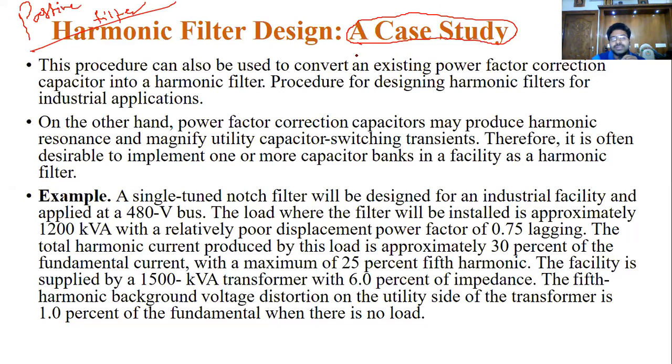Passive means here you have RLC elements. You have to consider the rating of the inductance, the rating of the resistance, and the rating of the capacitor. Capacitors are very much used in the power system, with many advantages and, at the same time, many disadvantages.